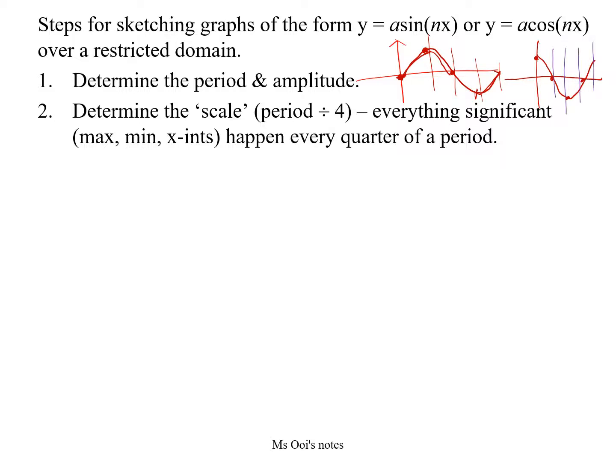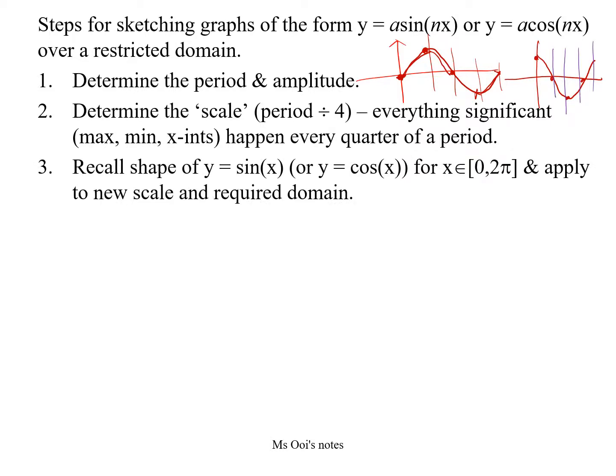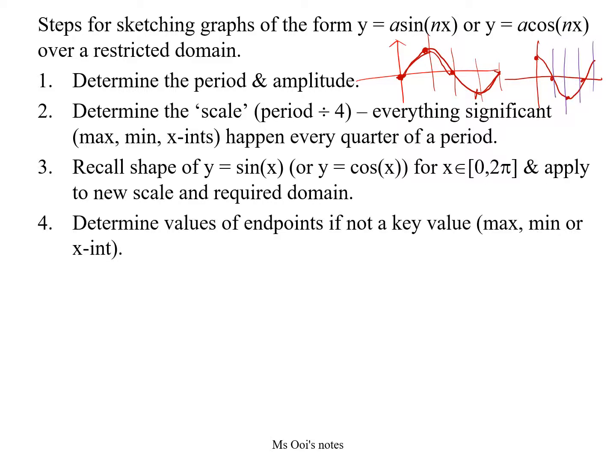If you can section it into 4 parts, that makes your graphing very easy. Everything significant, max, min, x-intercept, happens every quarter of a period. So remember the basic shapes of sine x and cos x. Determine the value of endpoints, if not a key value, max, min, or x-intercept.